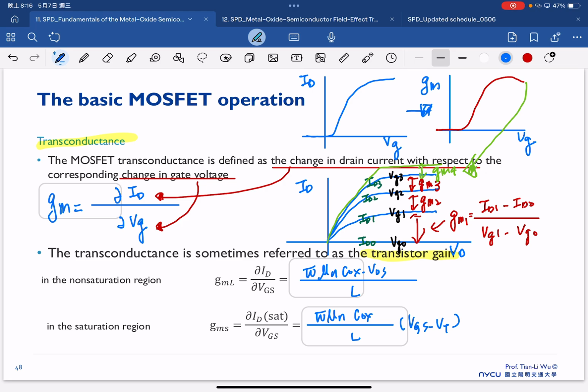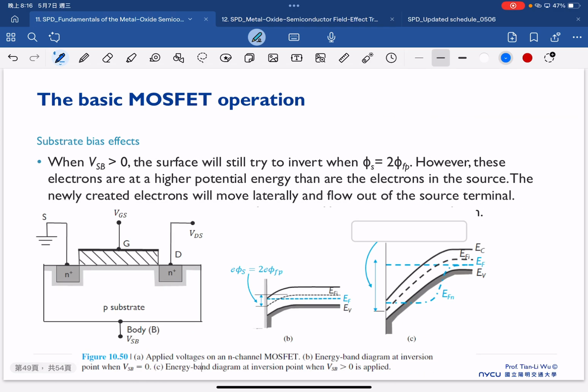Some additional concepts are also very important: we need to consider the substrate bias effect, which we sometimes call the body effect. In most cases, we try to ground the substrate at 0 volts, just like the source.